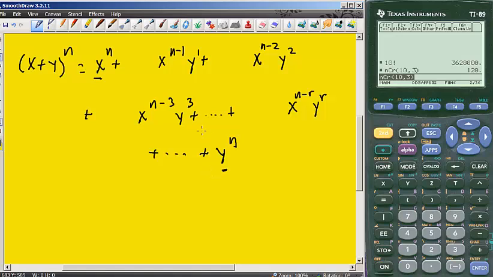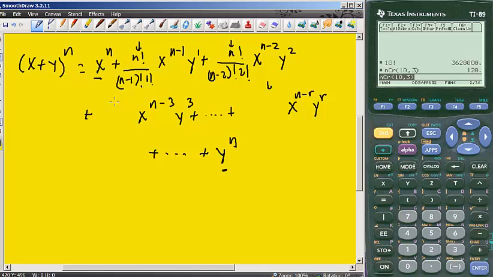Okay. Now, coefficients we got last time by using Pascal's triangle. But there's an easier way. The coefficient of each one of these is going to start like this. This is going to be n factorial over n minus 1 factorial times 1 factorial. This will be n factorial over, where am I getting the bottom numbers from? My exponents. n minus 2 factorial times 2 factorial. So what do you think this coefficient is going to look like then?